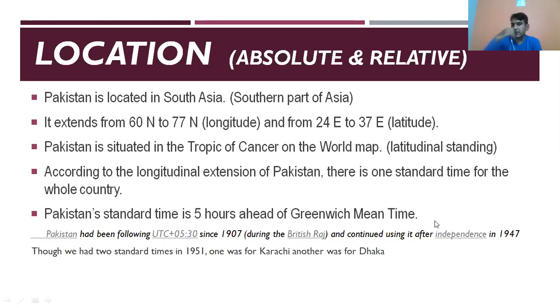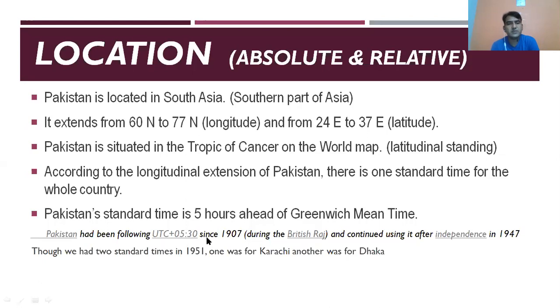As you know, global time is distributed from Greenwich, a line at the center of the world, which belongs to the United Kingdom. It is taken as the central line from which time is divided. So Pakistan is 5 hours ahead of global time.